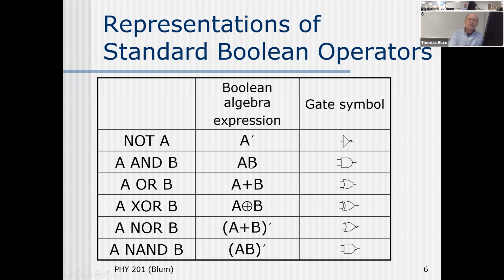A and B, we're going to represent by just A next to B. This is based on Boolean ANDing being like multiplication in regular algebra. It's the Boolean version of multiplication, so I'm going to use the same symbols as multiplication. Mathematicians will invent some other symbol because you might confuse it.